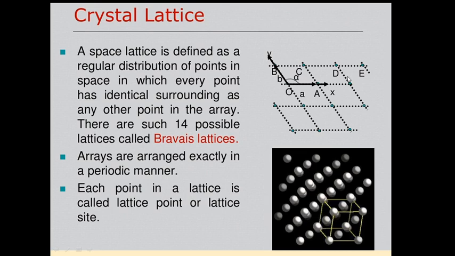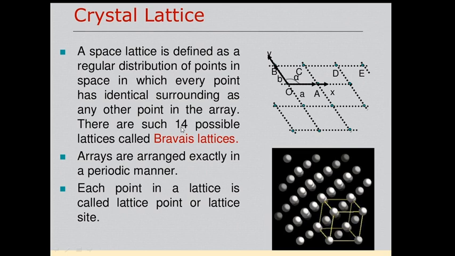So symmetry is basically their surroundings. On the basis of their symmetry or their surroundings, they can be maximally categorized into 14 varieties. So all the crystallites have only 14 lattice varieties.